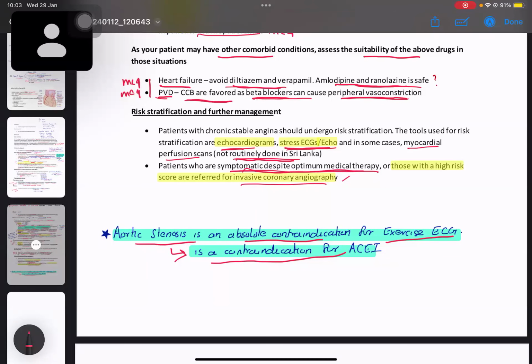And patients who are symptomatic despite optimum medical therapy. Optimum medical therapy means you have given the first line medication, you have tried the second line medication, but still the patient has symptoms. Despite the optimum medical therapy, if the patient is having symptoms, and those who are high risk, they should be referred for invasive coronary angiography.